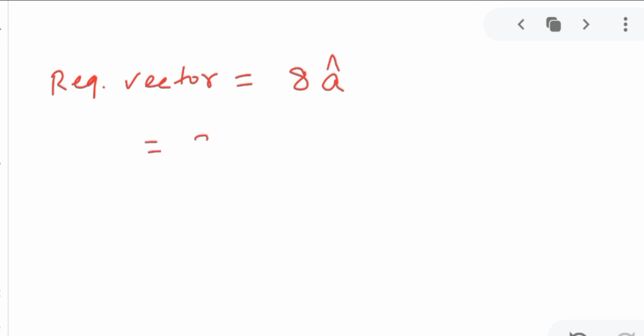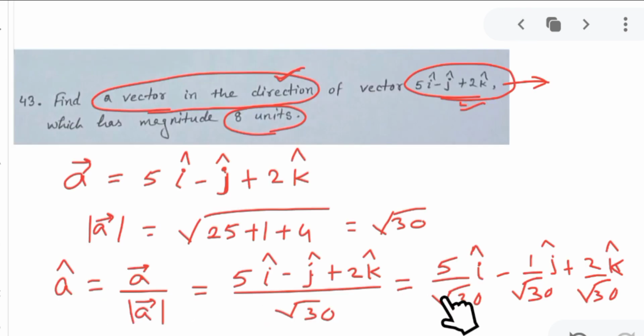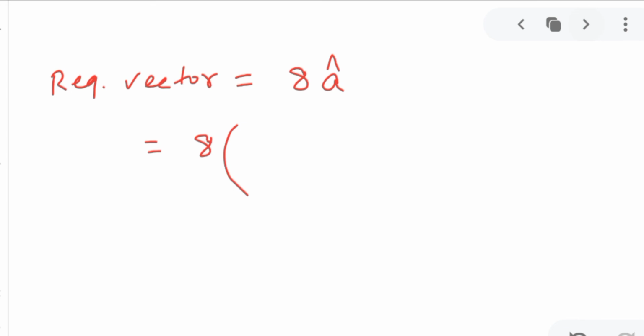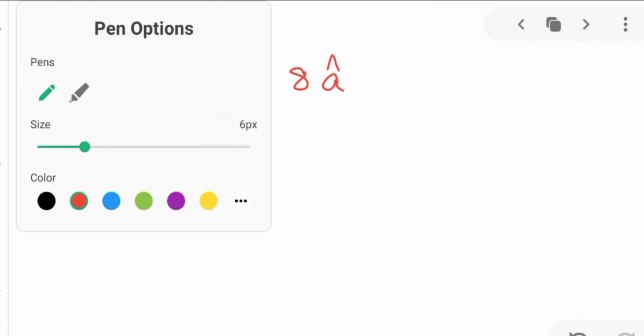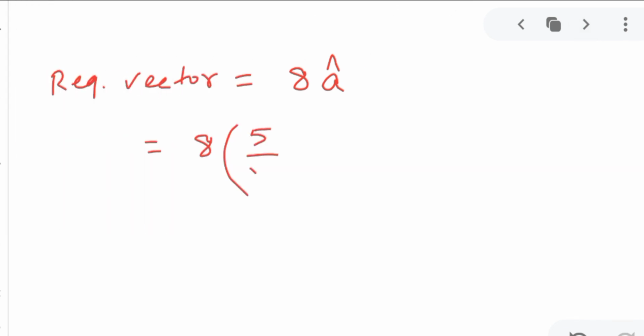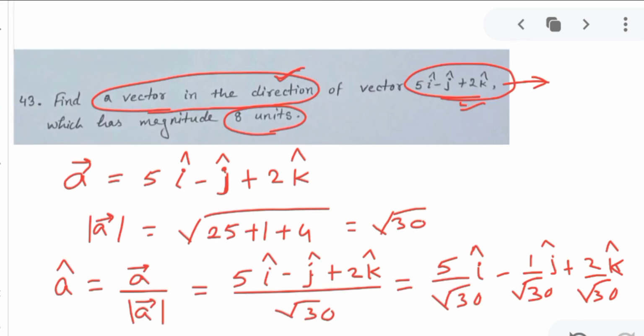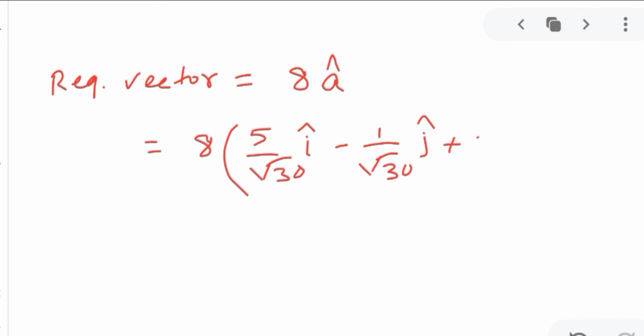So 8 into A cap, which we just found. A cap is this value, 5 upon root 30 i minus 1 upon root 30 j plus 2 upon root 30 k.